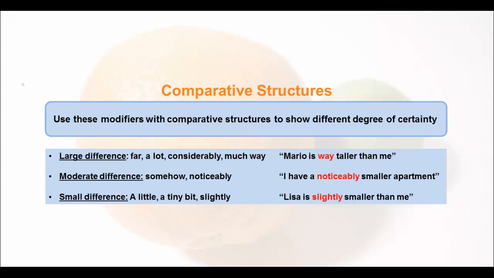To show a moderate difference, use somewhat or noticeably. I have a noticeably smaller apartment. For a small difference, use modifiers like a little, a tiny bit, or slightly. Lisa is slightly smaller than me.